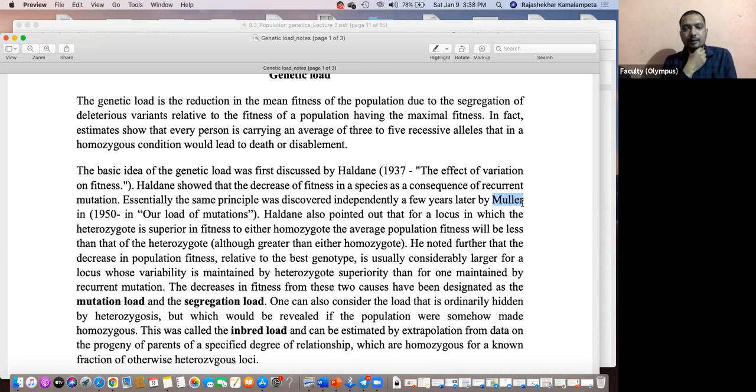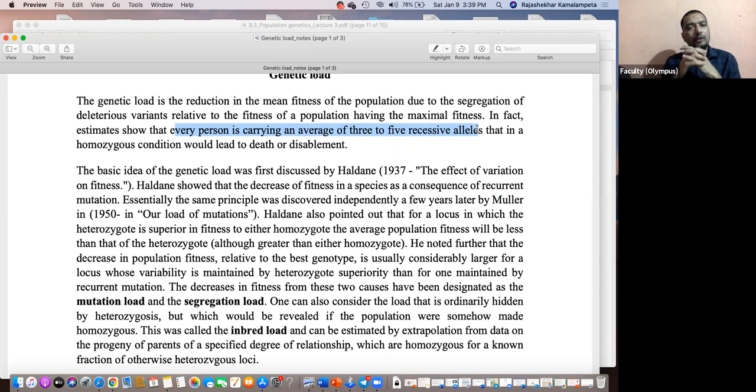Okay. So it looks like, as per the literature estimations, you cannot exactly count these numbers, right? But as per the estimations, every person is carrying on average 3 to 5 recessive alleles.